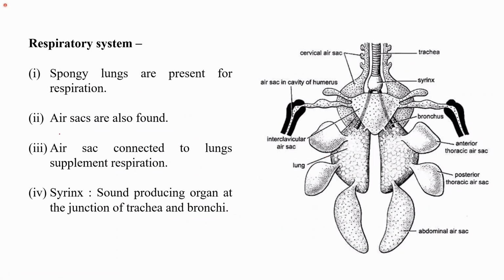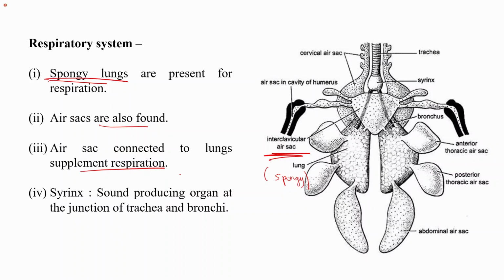Then the respiratory system. They have spongy lungs, which also help in better respiration during the time of flight. Lungs are spongy. Air sacs are also found. These air sacs are present in the lungs. So they have air sacs, which are cavities connected to the lung and supplement the respiration.